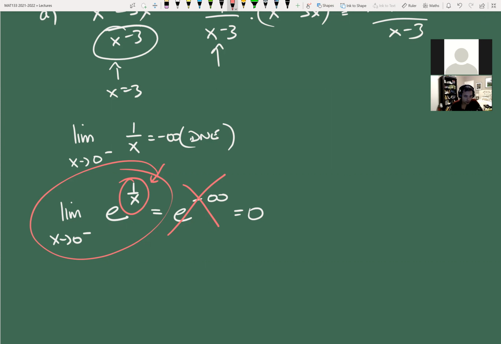What if we first put e to the limit of f of x? Okay, so here's the other trouble you run into. If you're doing the limit as x approaches c of e to the f of x, and you want to be able to take the limit inside, e has to be continuous at the limit point.